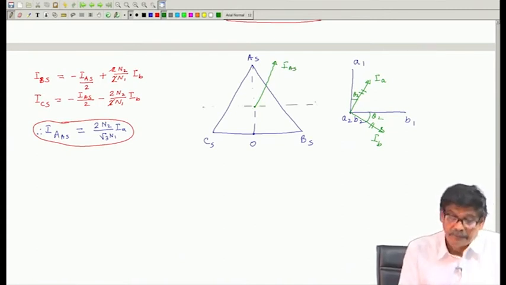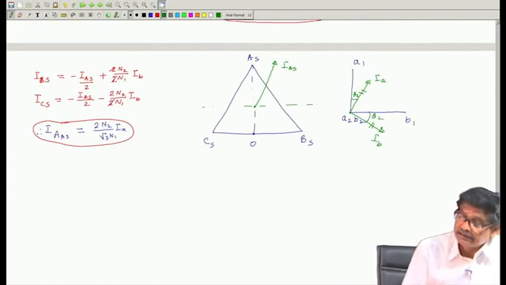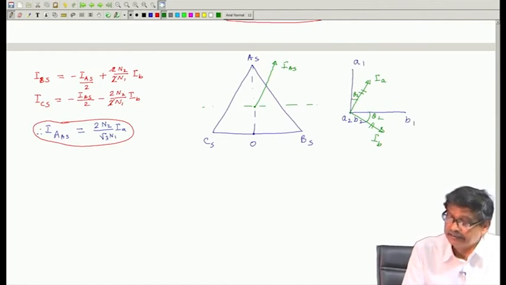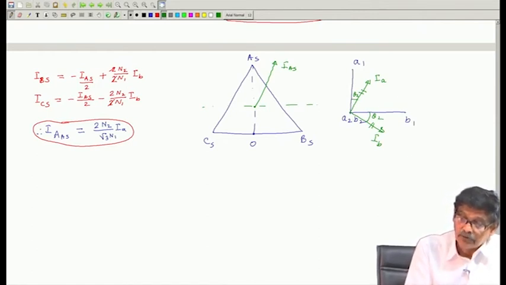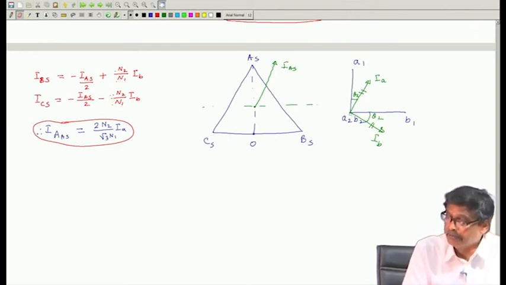This is the thing. Then if you see IBS, it is equal to IB is like this. So, N2 by N1 into IB. So, this part, suppose IBS I am plotting, it is this term. N2 by N1 into IB, IB is here multiplied by N2 by N1.